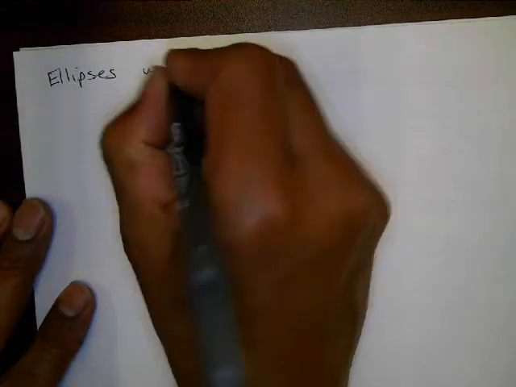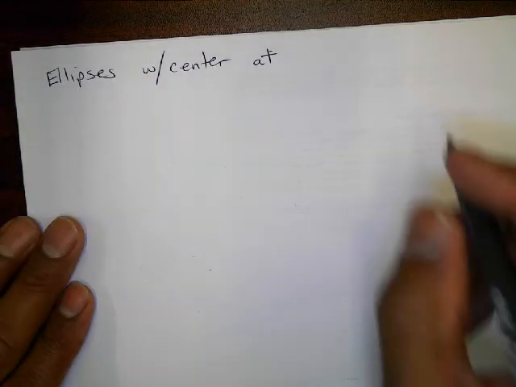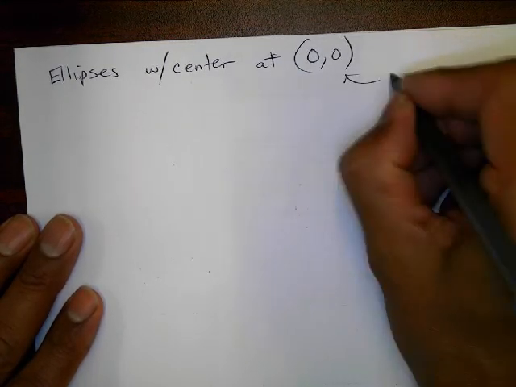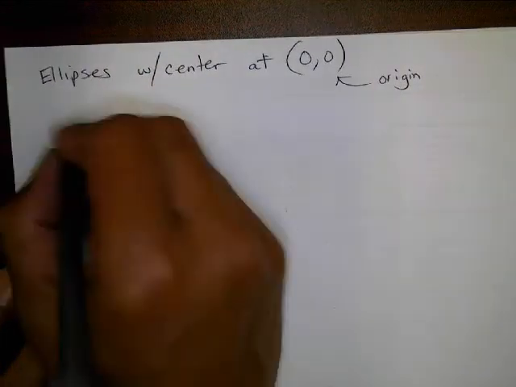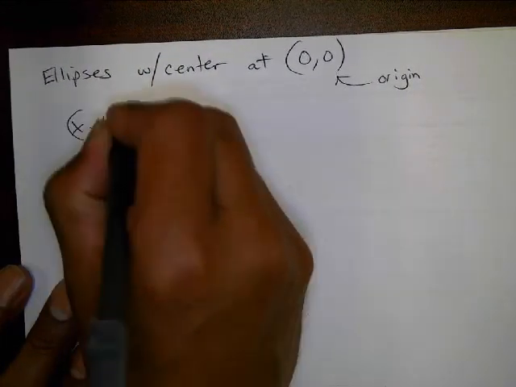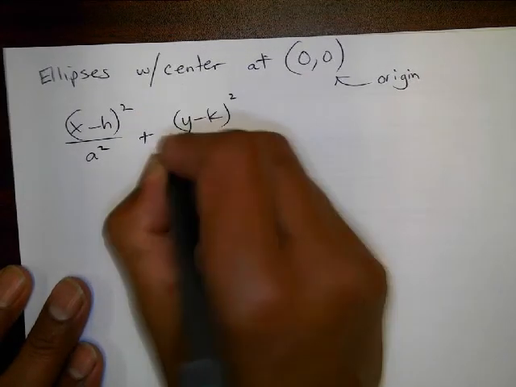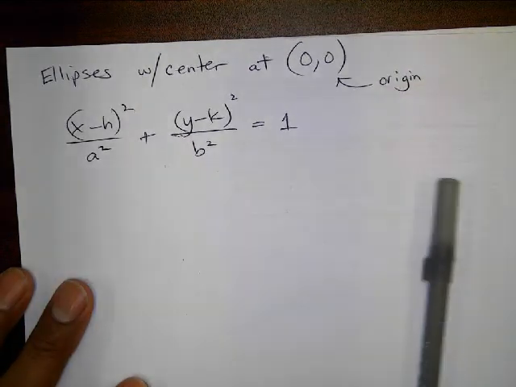Okay, now we're going to start with ellipses centered at 0, 0, right at the origin, for this equation: x minus h squared over a squared plus y minus k squared over b squared equals 1.